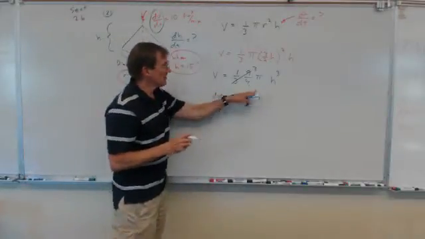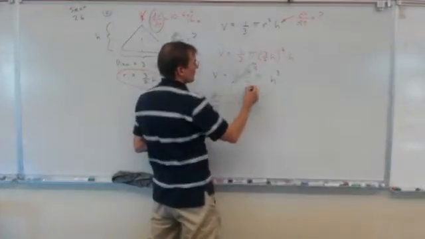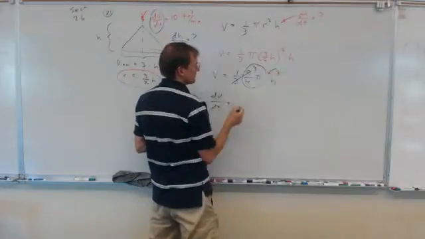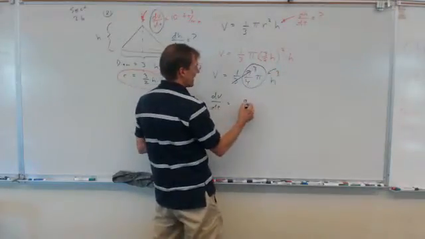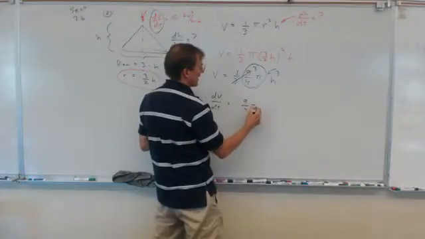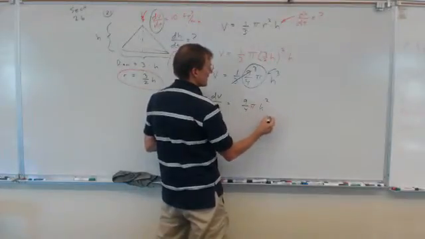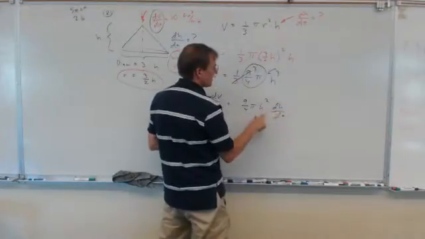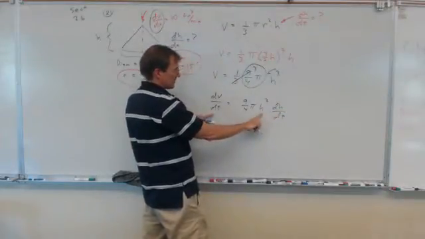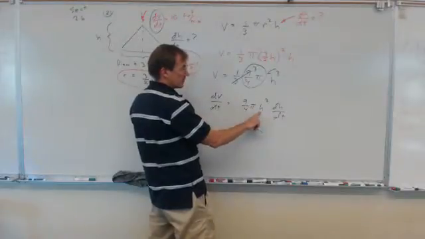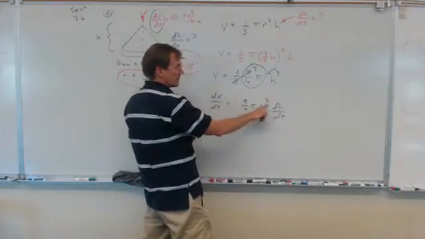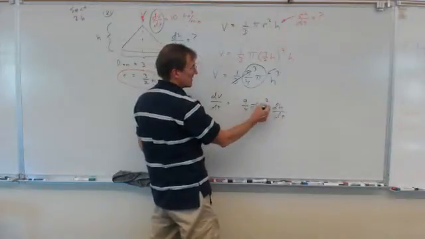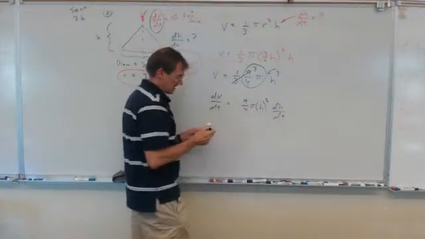When I differentiate this side, this thing is just a number times h cubed. So I bring the 3 down in front, and I get 9/4 pi h squared, and then dH/dt. So that's the chain rule right there. I'm differentiating h with respect to t, so after I bring the 3 down and reduce the exponent by 1, I have to differentiate the inside function, and that's dH/dt.